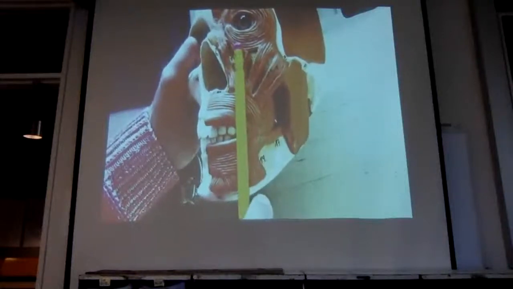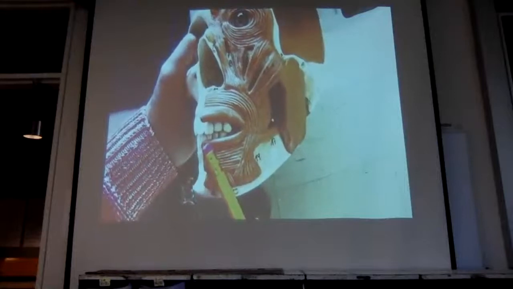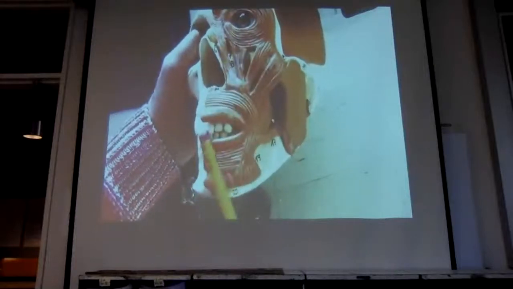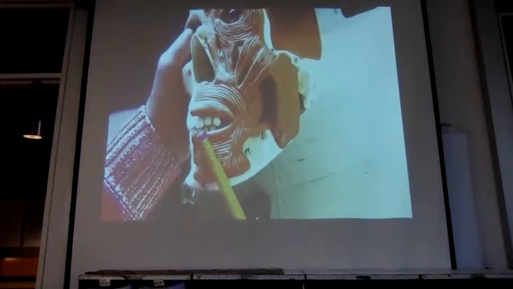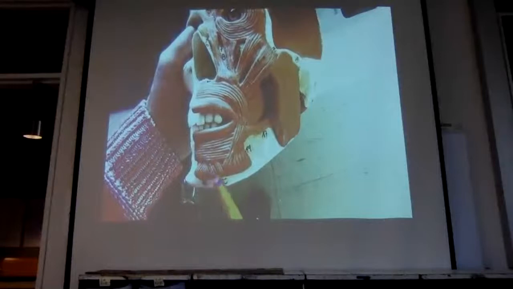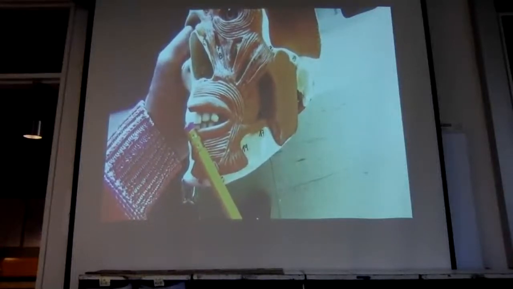This was levator labii superioris. This is lowering the lower lip. If raising is levator, what's lowering? Depressor. This is depressor labii inferioris. Starts medial, comes down a little bit lateral. Depressor labii inferioris, lower your lower lip.